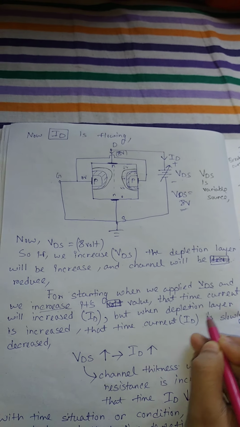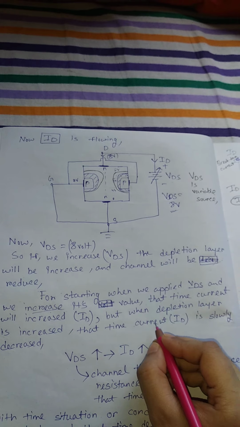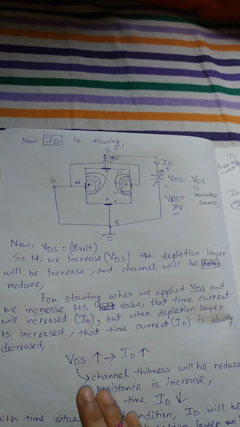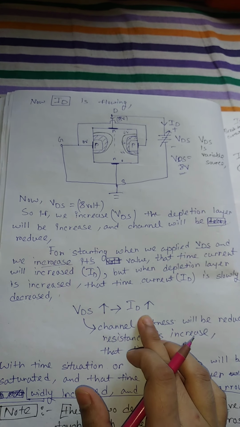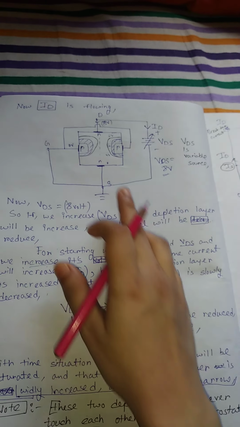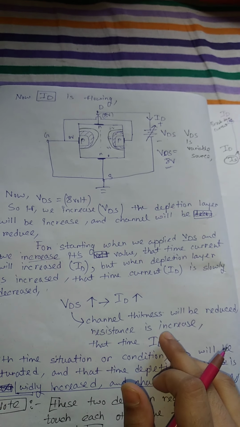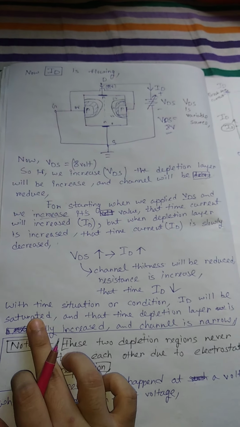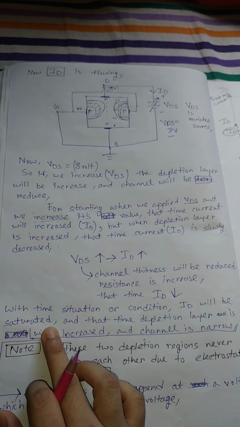But when the depletion layer increases, the current ID slowly decreases. So when VDS is increased, suddenly ID increases. But when the channel thickness is reduced and the resistance increases, ID decreases. So with this condition, ID will be saturated.